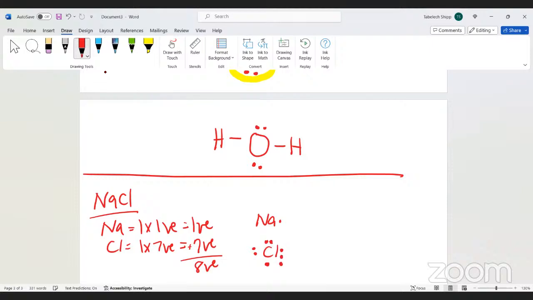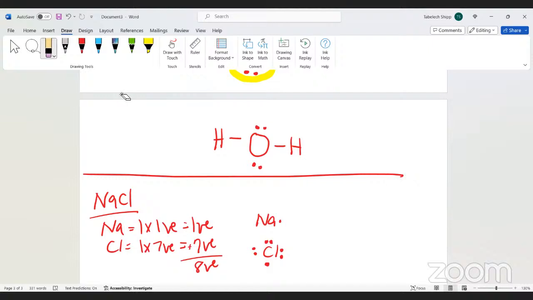Like this would be wrong. If I put that little extra dot right there, that's wrong. So you never put them as 3. They either come solo or as a pair, okay? The only time you put 3 side by side like this is if it was a triple bond, okay? Just FYI. But again, we'll get into those later, okay?